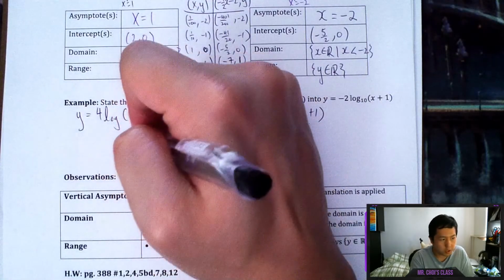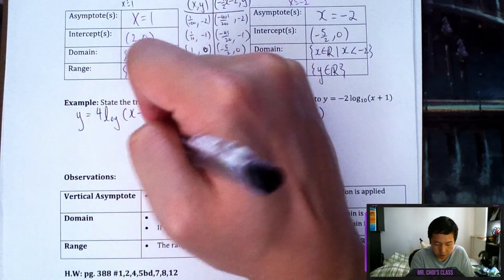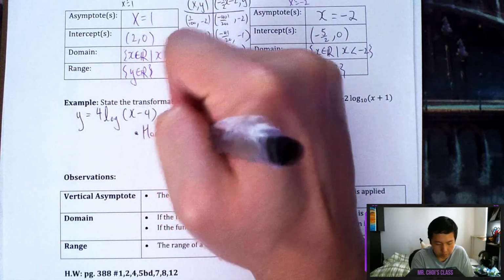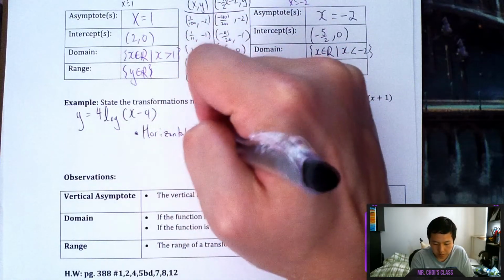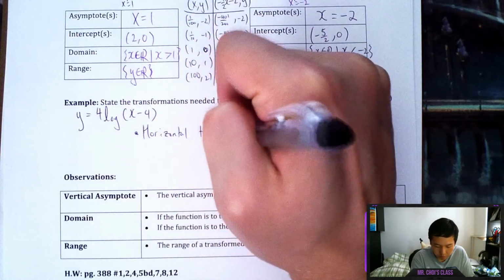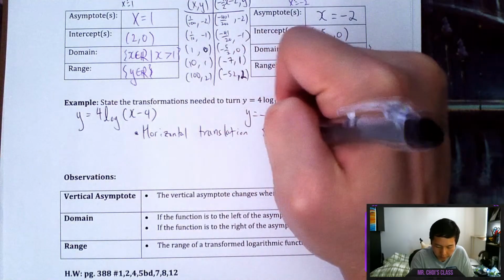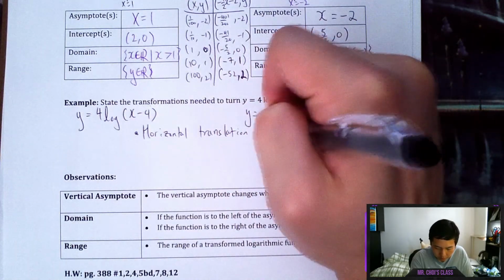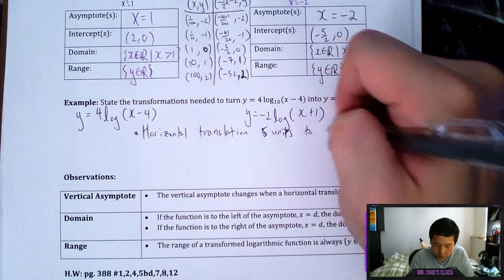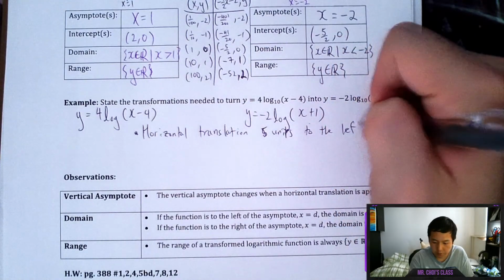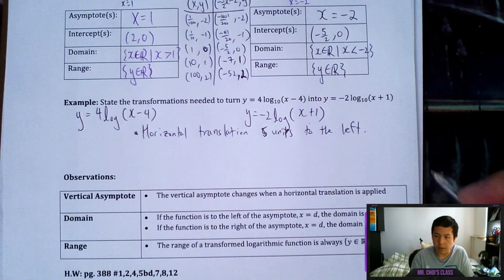So we're going to automatically write down horizontal translation 5 units to the left. So that's going to be our first point there.